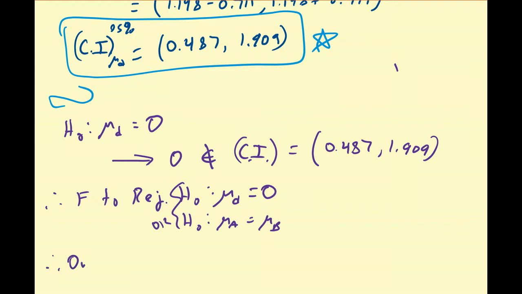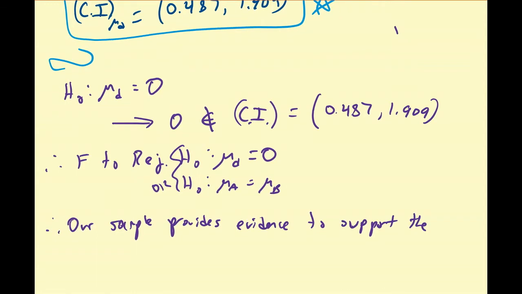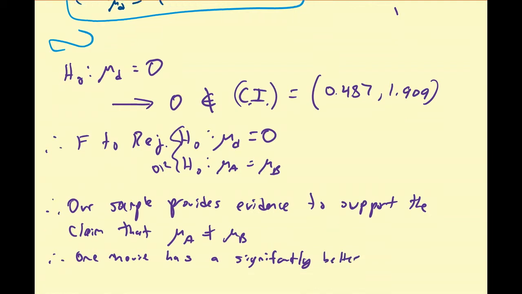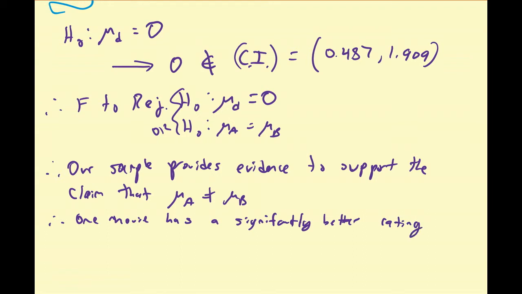So that means our sample provides evidence to support the claim that mu A does not equal mu B, which implies that one of them has a significantly better rating in the population of movie watchers.